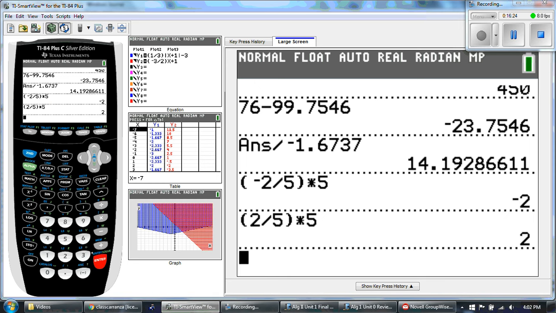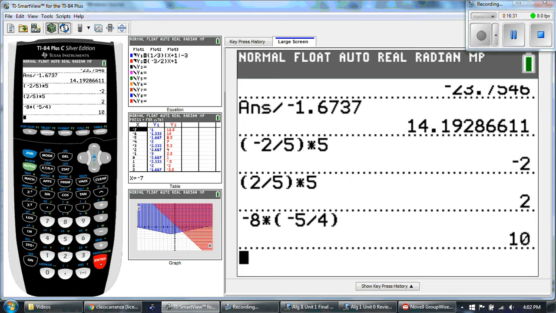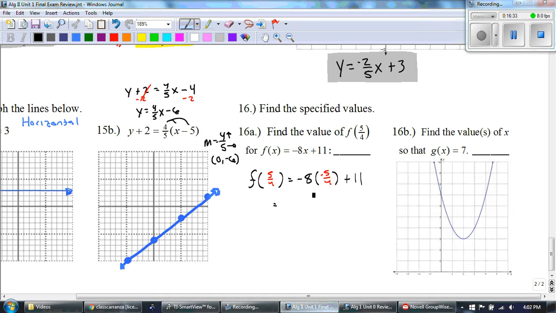So I have -8. I'm timesing that by a -5/4, which is a +10. Sorry, that should be a +5/4. So it's a -10. And -10 plus 11 is 1. So what is my answer? My answer is 1. Sorry for the confusion.